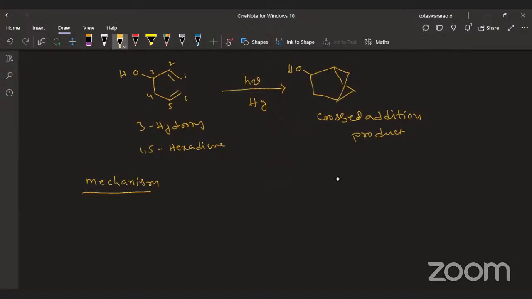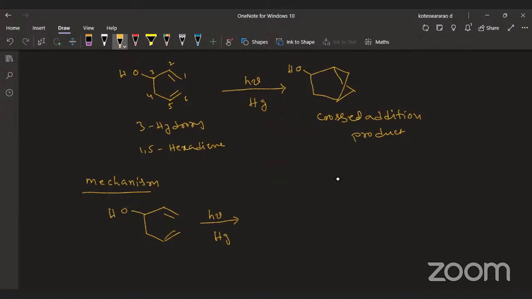Whenever you are taking that 3-hydroxy 1,5-hexadiene, which on irradiation in presence of mercury leads to the formation of a transition state.